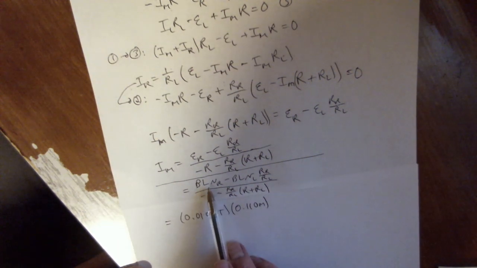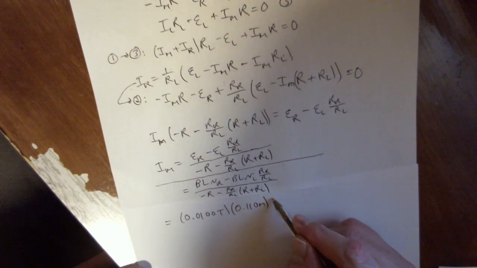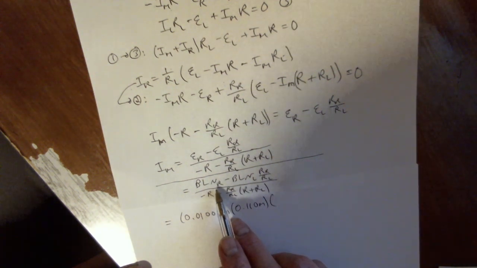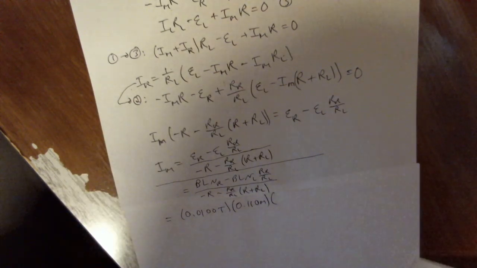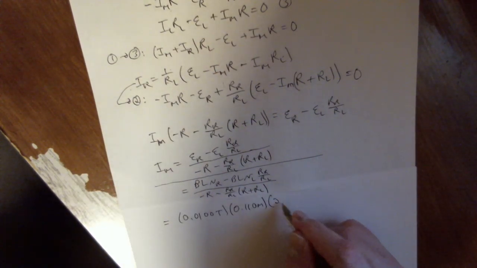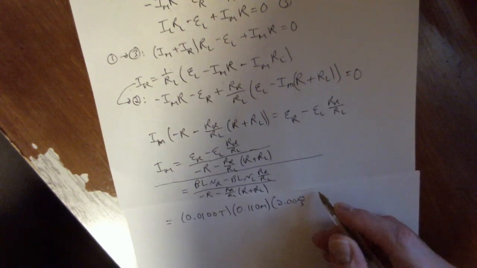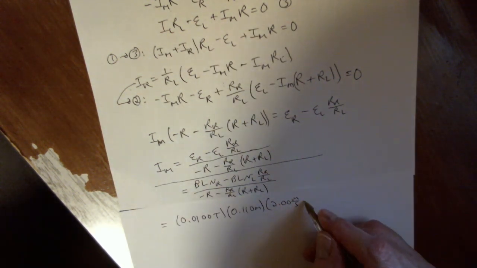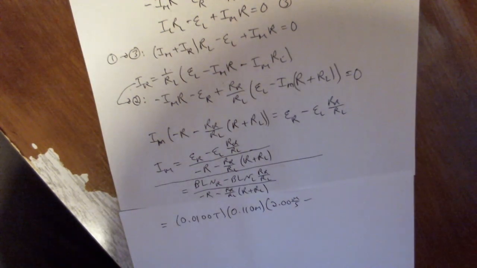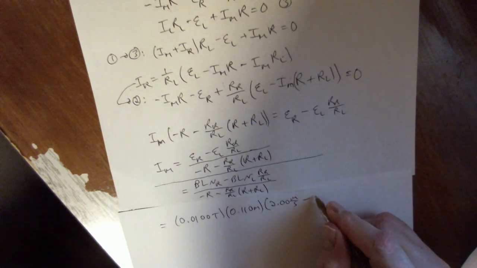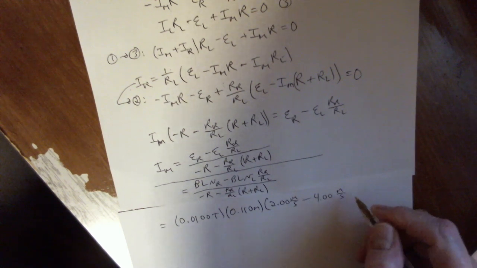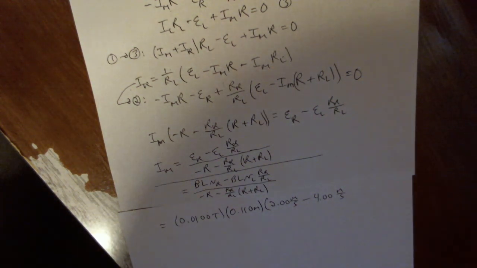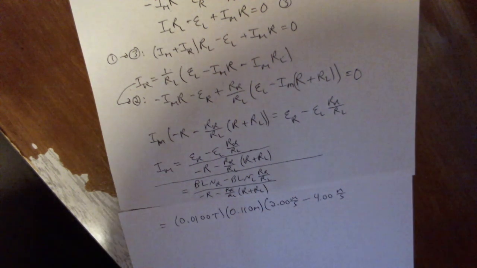And so BL times VR, the right velocity, looking at the picture, is 2 meters per second. Minus the left velocity is 4 meters per second. Times the ratio R right over R left.